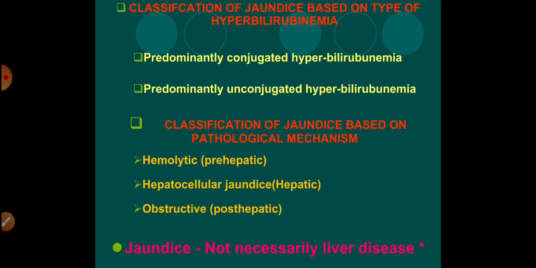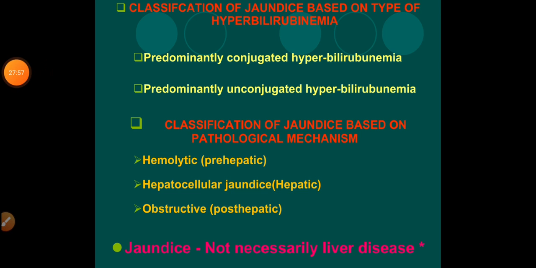The other way of classifying jaundice is based on the management of jaundice. It is classified as medical jaundice or surgical jaundice. In medical jaundice, the example is viral hepatitis, where the treatment is predominantly medical. The example for surgical jaundice is carcinoma head of the pancreas causing obstruction to the bile flow.